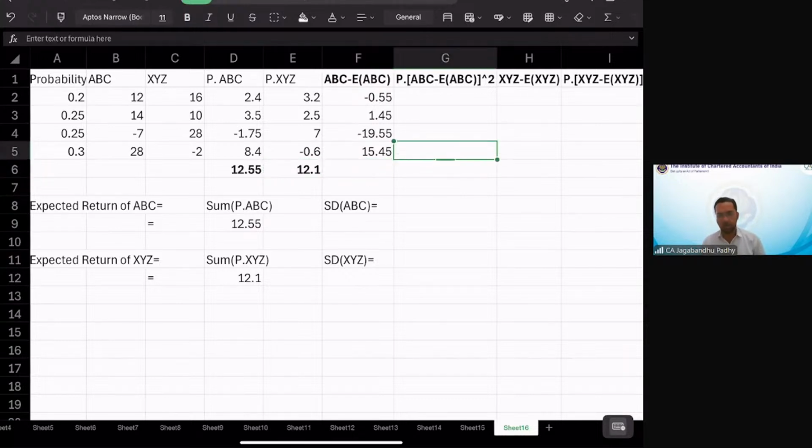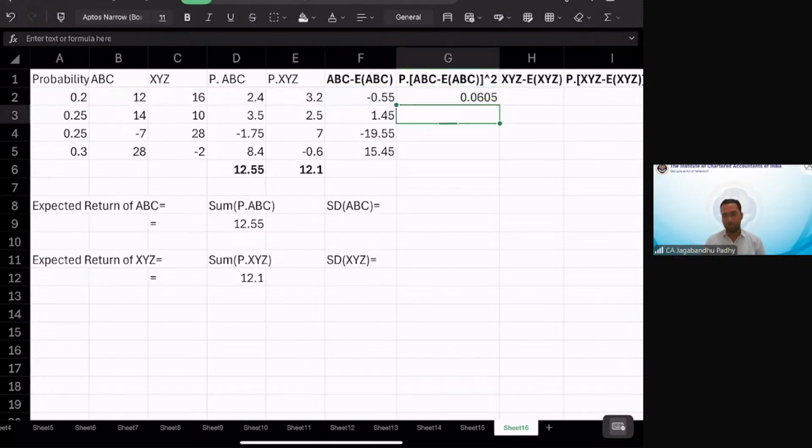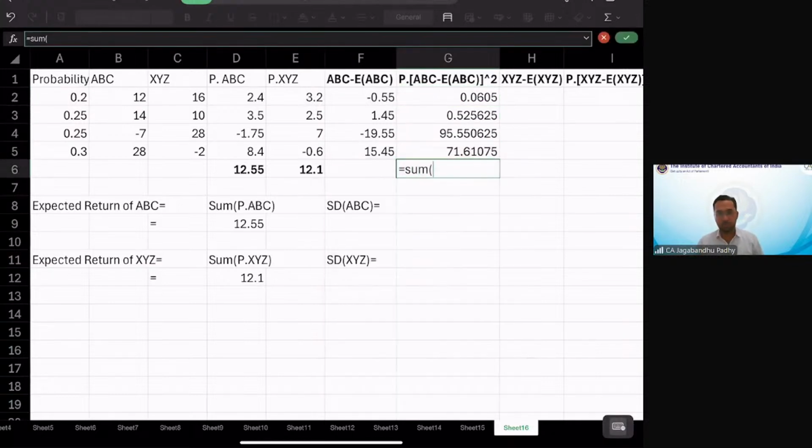Next is to compute the ABC square, and further multiply it with probabilities. We need a summation of it.